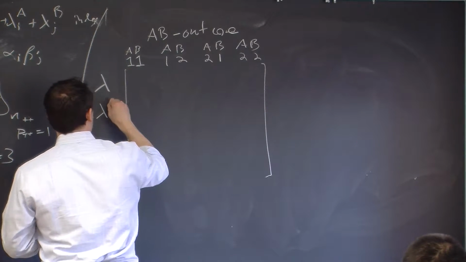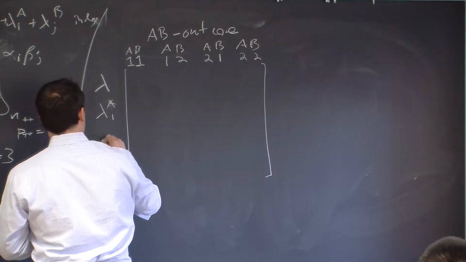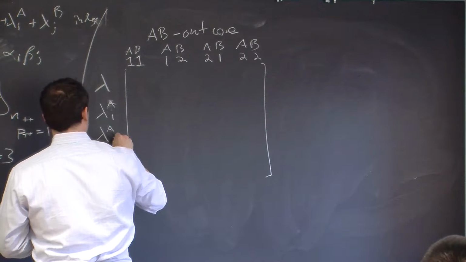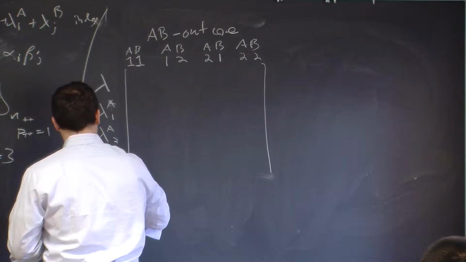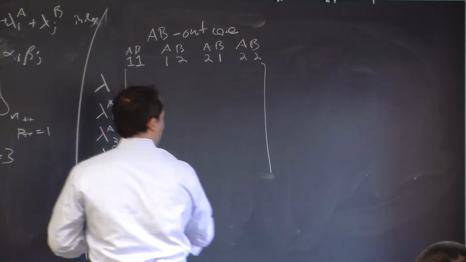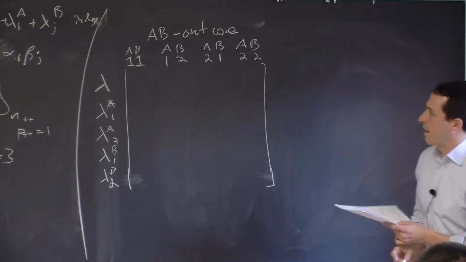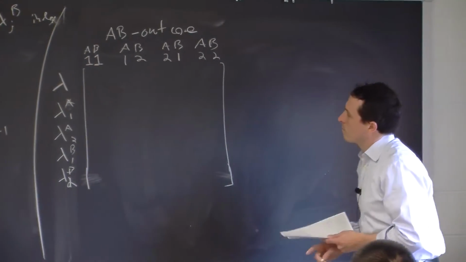A second row for A being 1, another for A being 2, another for B being 1, and another for B being 2. So this is just for the independence model. I'm not even dealing with the interaction yet. So here's my 5 parameters, which are too many.